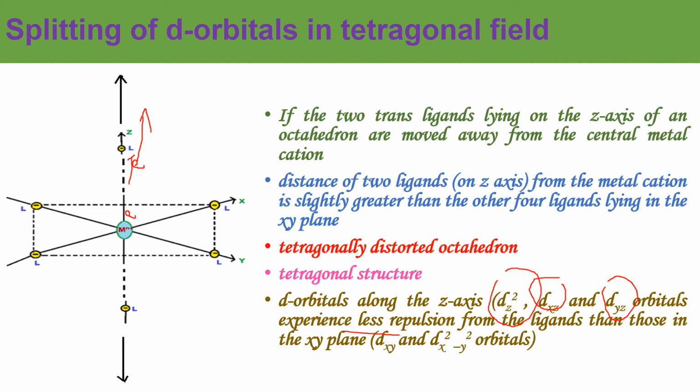So there is less repulsion compared to the xy plane ligands, that is the dx square minus y square orbital. So the orbitals along the z-axis experience less repulsion, which means they have less energy compared to the orbitals in the xy plane.